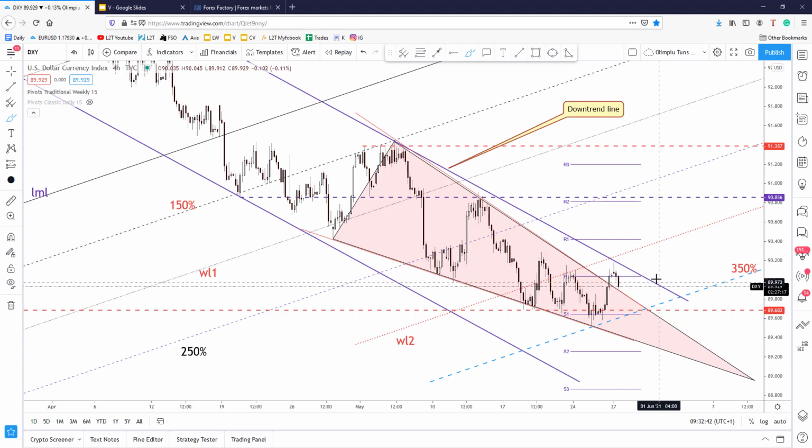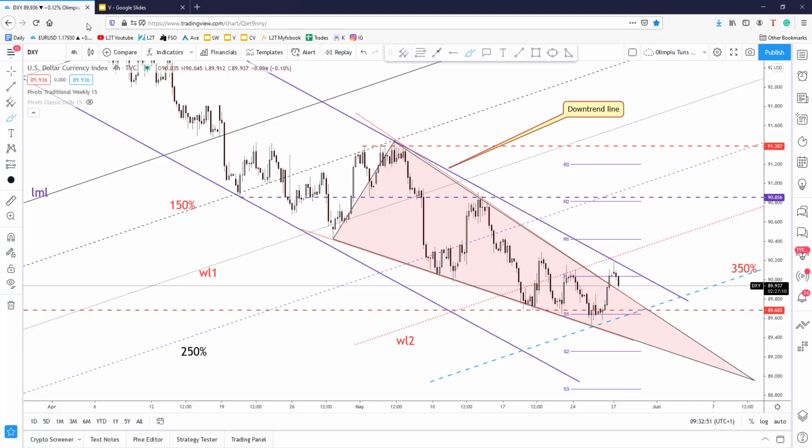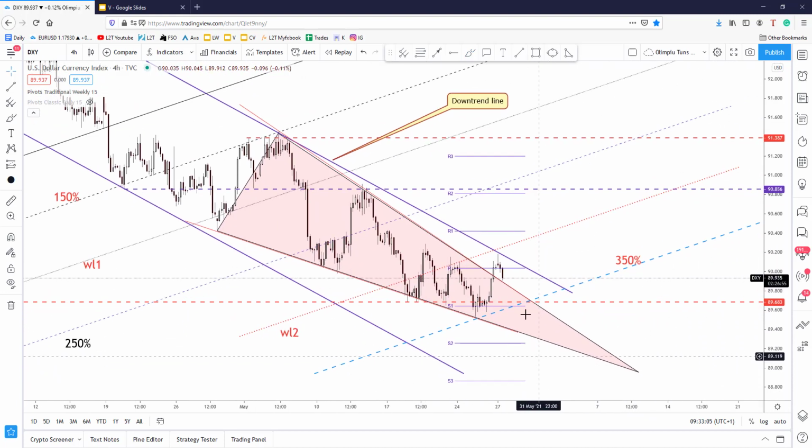And I believe that maybe some worse than expected US data today, reported by these economic indicators, could force the DXY to drop again towards 89.68, again towards this 350% Fibonacci line.